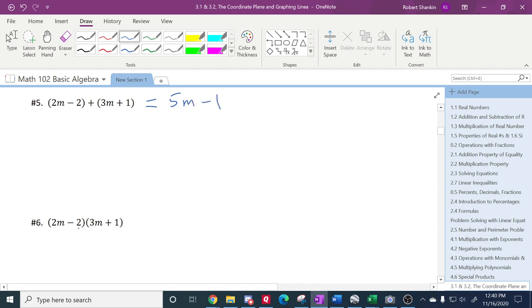Here we gotta, I'm going to do this shortcut method. And then I can do it all in my head. 6m squared, the two middle terms is minus 4m. Last one, minus 2. Okay, a little feedback on numbers 5 and 6.